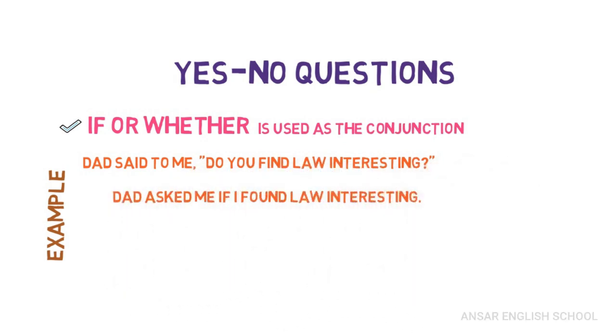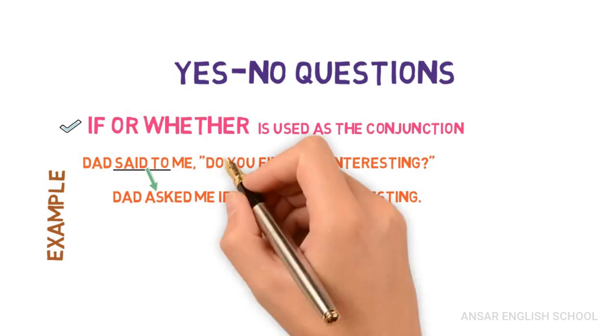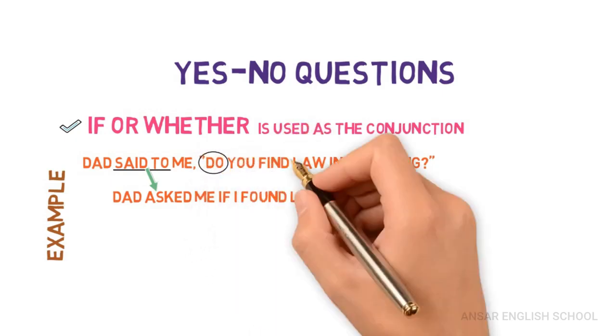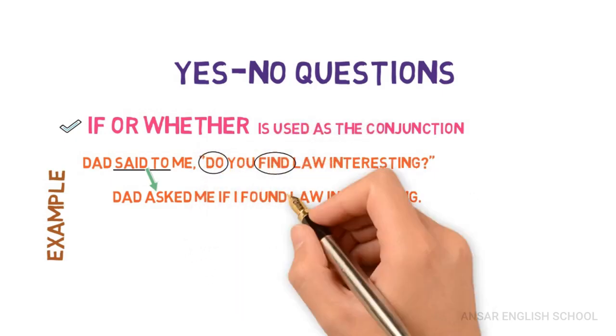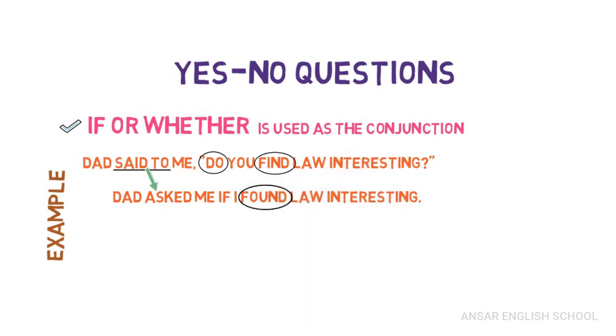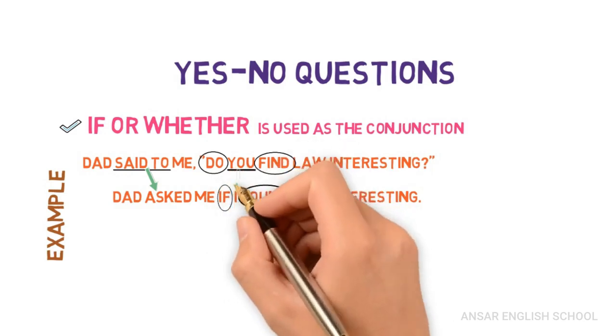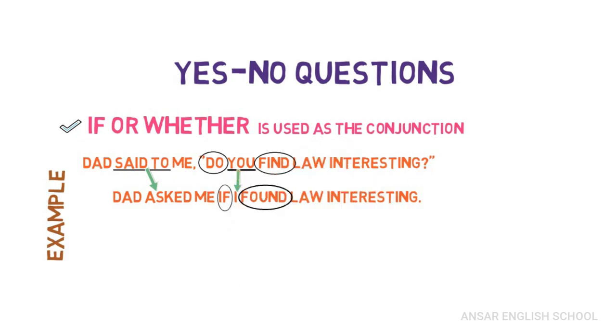So said to is the reporting verb, it changed to asked. Do find is the main verb and it is changed to found, its past form. And we are using the conjunction if. You is the subject, it becomes I. So the answer is, he asked me if I found law interesting.